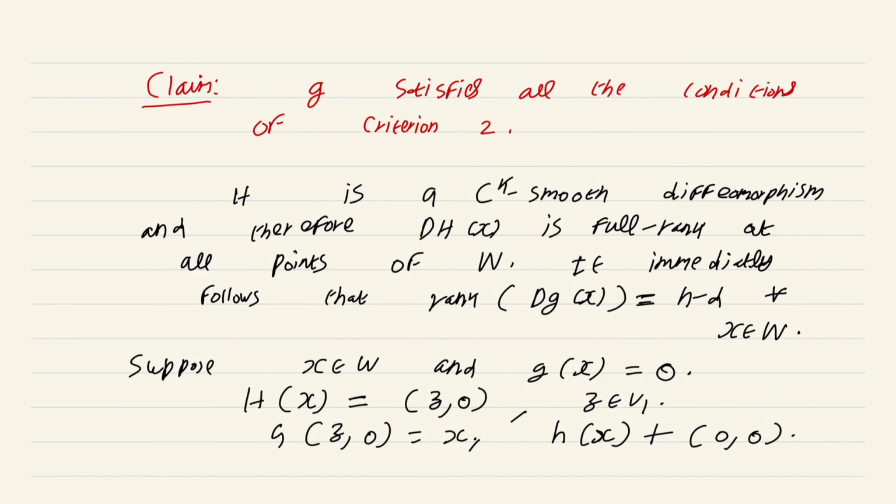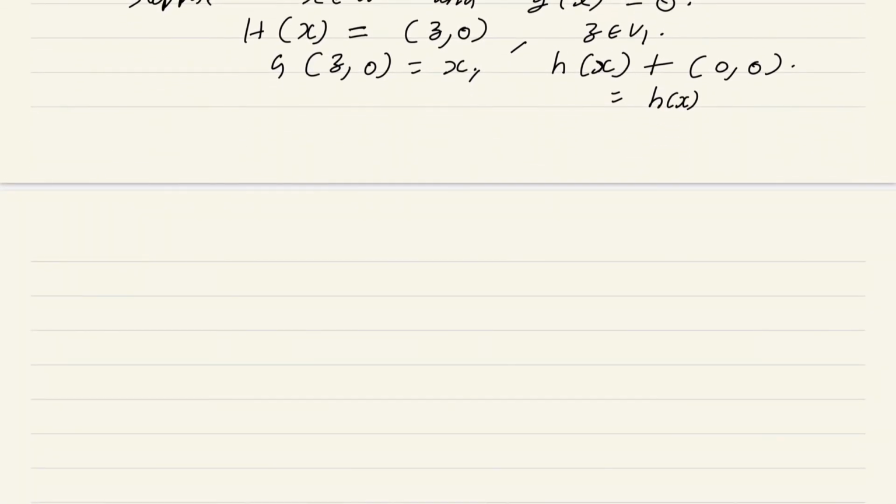That's the way this map was defined. It's just h of Z plus 0, 0, which is just equal to h of Z. Okay, but h maps onto M intersection W, so this means that X is in M intersection W. So that was just showing that if G of X equals 0, then X is in M intersection W.